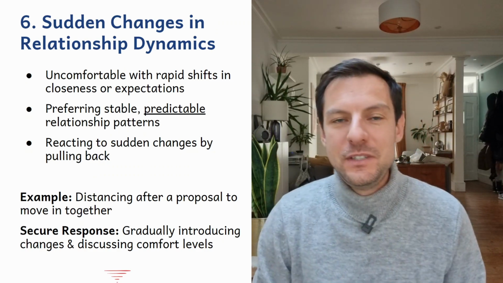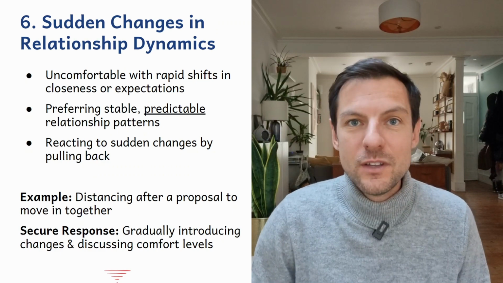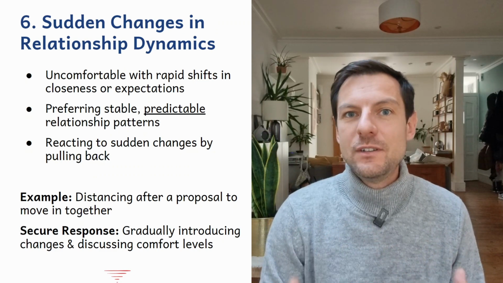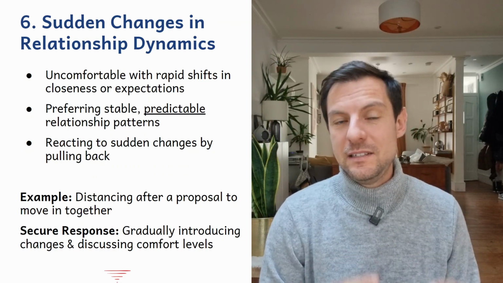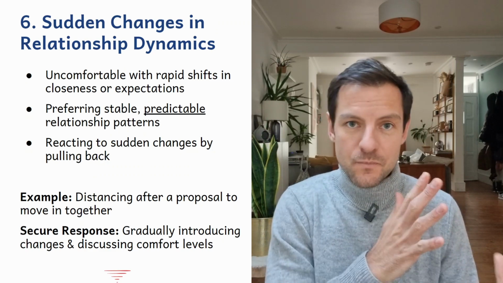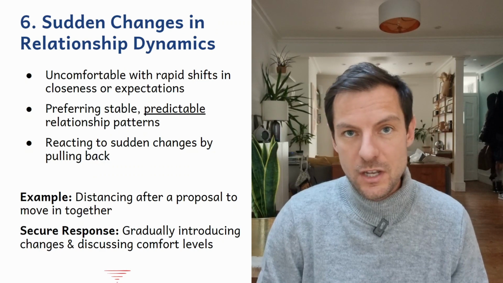That's not how you build a committed relationship. If you've been together for 3 months and you want to move in together, perhaps it's a bit too fast. Perhaps you're sort of accelerating the process, which is actually not necessarily healthy if you want to create a solid relationship. So it's really about how you can gradually introduce change.